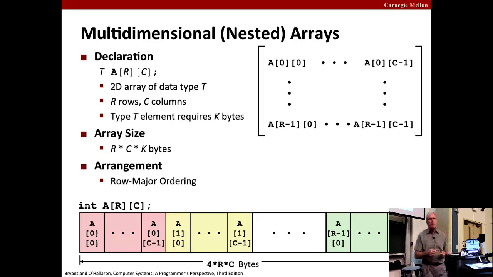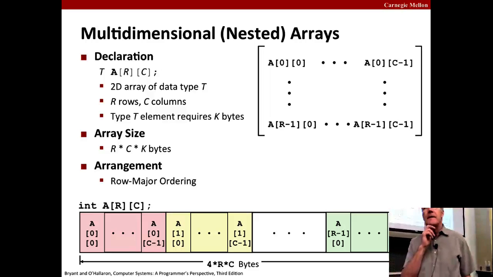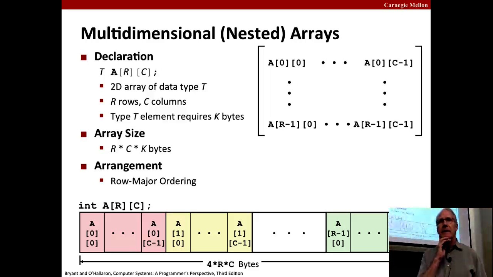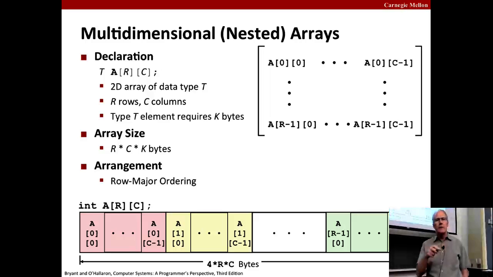Question? Yes? So if you have the int A1 is 3, how does it know that the size is 12? Like I thought in C they didn't really know how many things are in an array. The question is how the compiler, I'll answer your question by saying, remember the compiler knows a lot. In particular, I've declared this to be an array of 3 pointers.